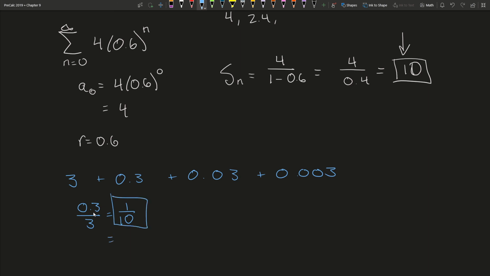Our first term is just 3. So we have a common ratio, and we have our first term, and that's really all we need.